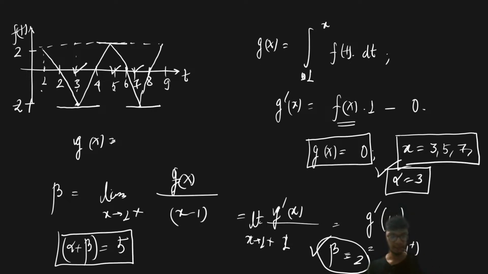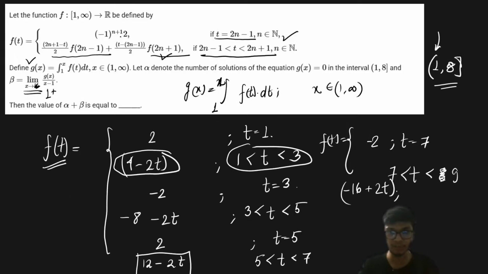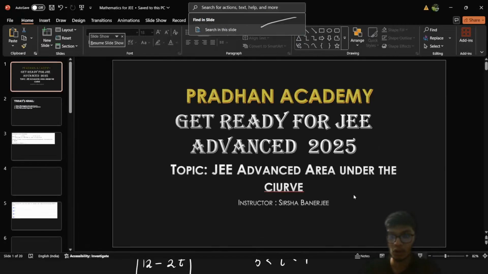Okay, so with this part, let's get started on the next part. Let's move to the next question. I hope this question is clear to all of you, and it was an interesting question in that the function was not straightforwardly defined. It was defined in terms of different parameters. When t is directly equal to some integer, then the function has one value, and here this integer is an odd integer.